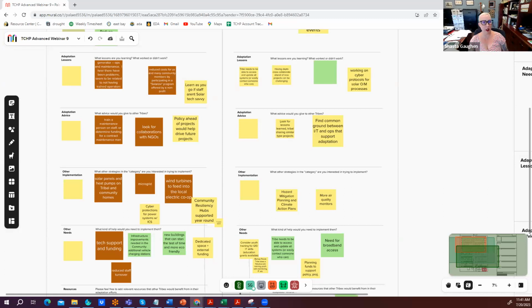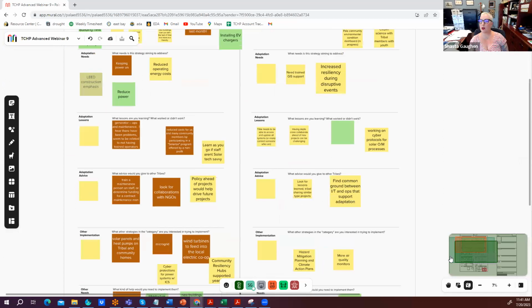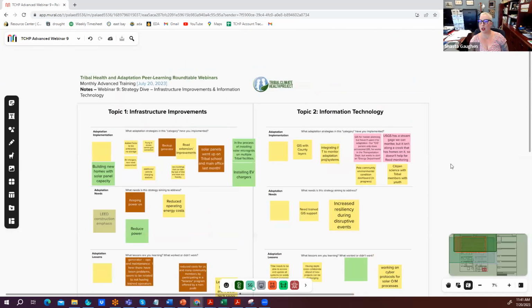If you've got a harmful algal bloom, or you have shellfish that might be unsafe to eat as a consequence of toxic algae, there's got to be a way to get that information out to your tribal members as well. Ryan, I know that you weren't able to unmute and speak, but I would imagine that's an issue for you up in the Pacific Northwest. Do you know if there is a tribally focused warning system for letting tribes know that they shouldn't be harvesting shellfish at certain times?